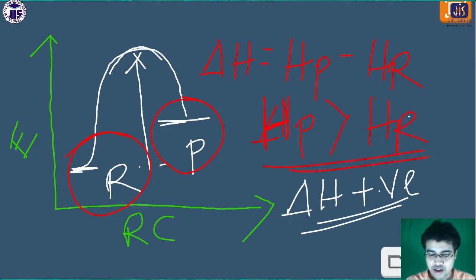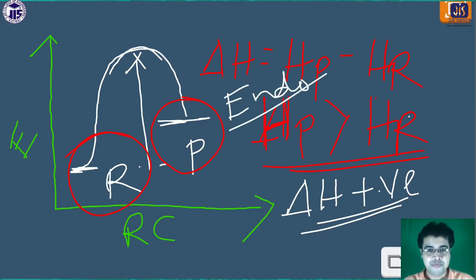So how interesting is that for an endothermic reaction, from the value of delta H only we can predict what the reaction is, whether delta H is positive or negative. So what is the conclusion?